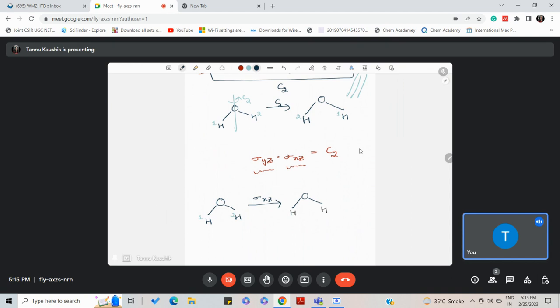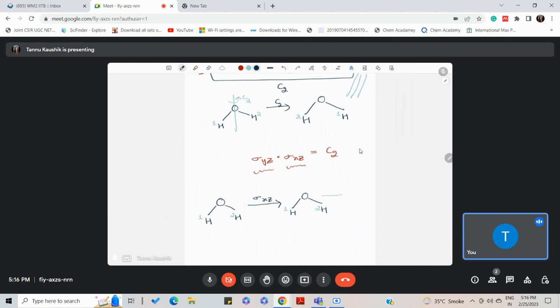Now sigma xz is the molecular plane, so we will get the exact similar configuration because it will be bisecting the atoms into half. It will not be giving a reflection of these atoms; this plane is passing through the atoms.